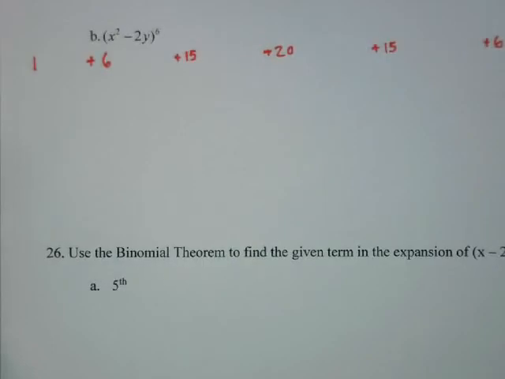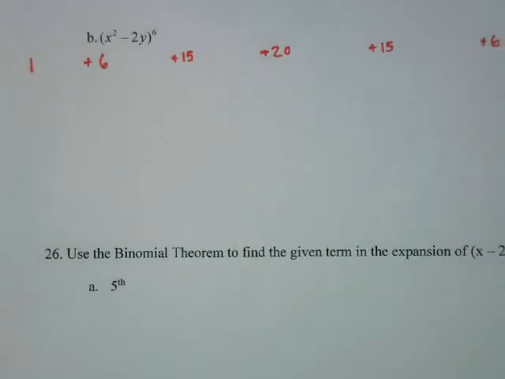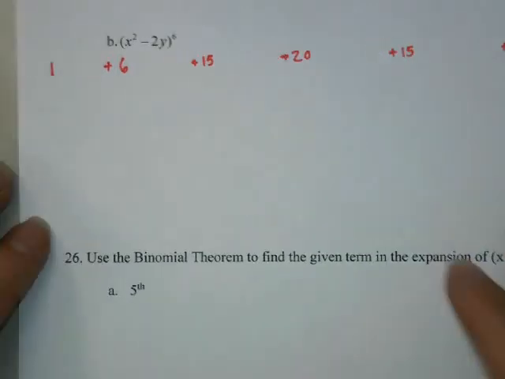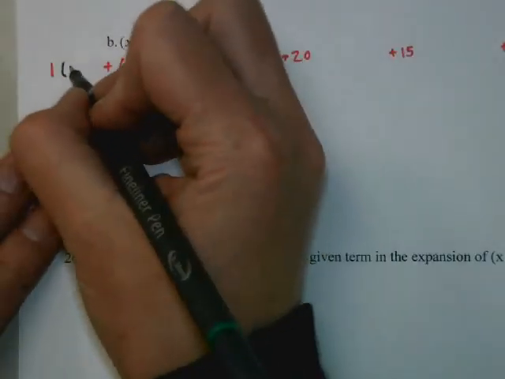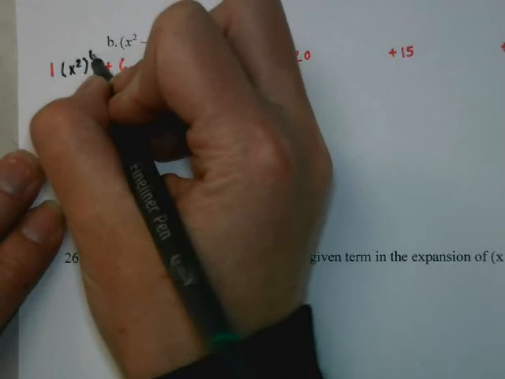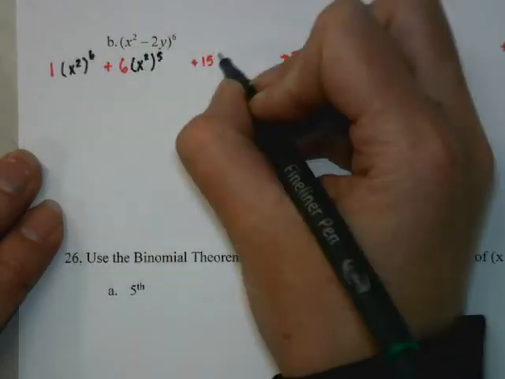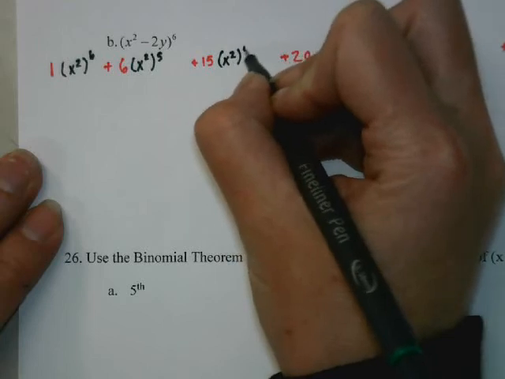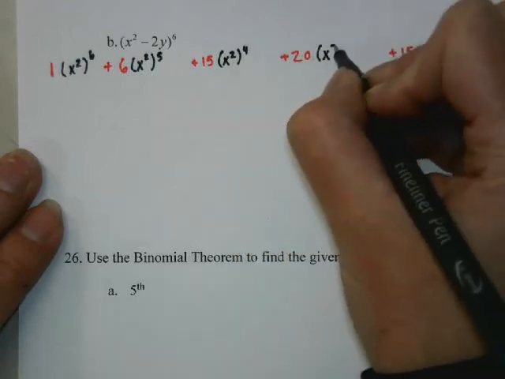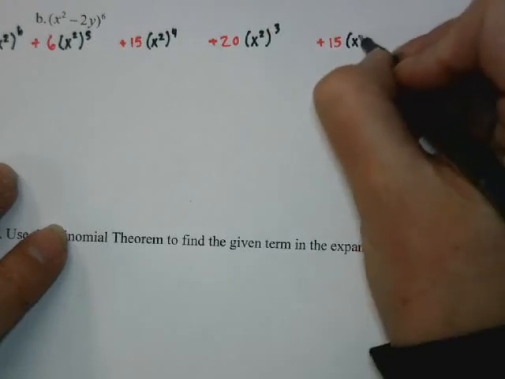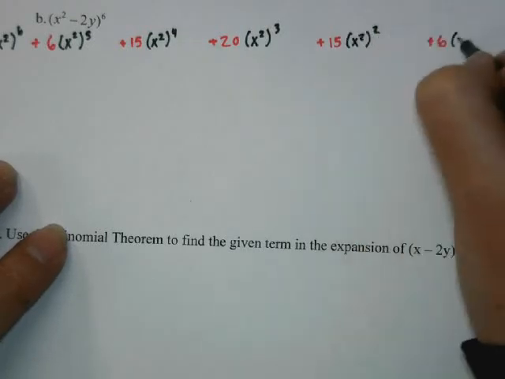Okay, then we're going to take the first thing in descending order, so x squared. So we're going to have x squared to the 6th, x squared to the 5th, x squared to the 4th, x squared cubed, x squared squared, x squared, and no x squared for the last one.